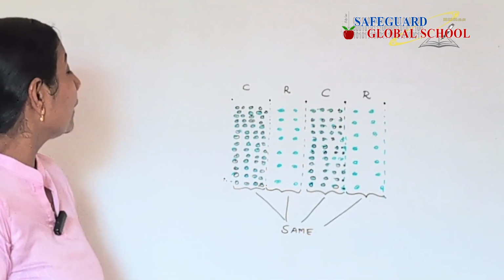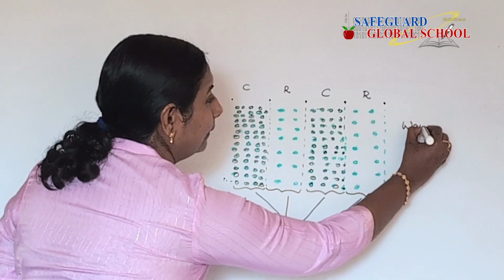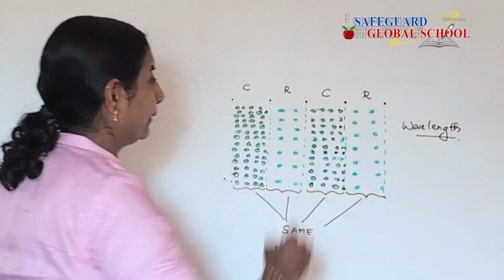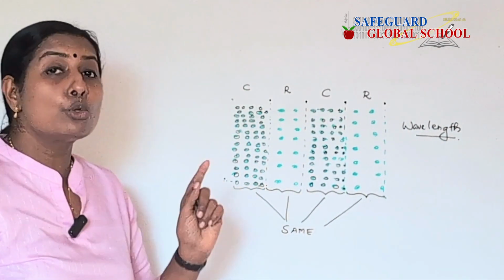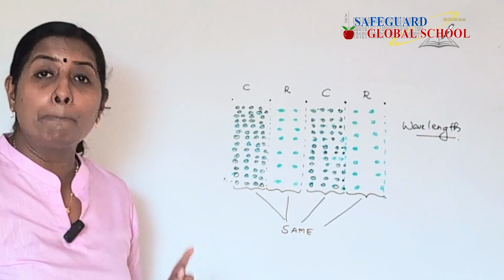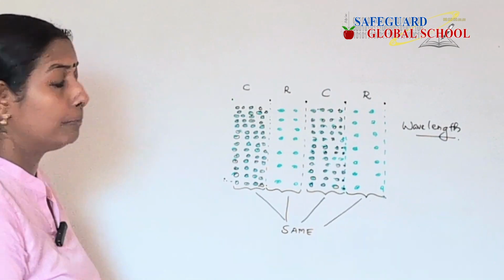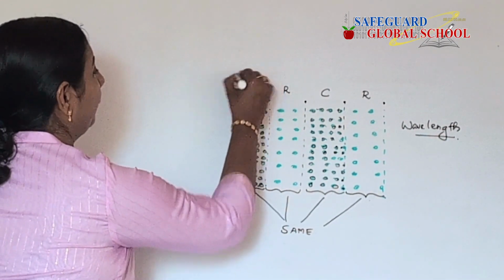So now we will go for the concept of wavelength. What do you mean by wavelength? Wavelength is the distance between two consecutive compressions or two consecutive rarefactions. Let us take a point somewhere here in the middle of the compression.